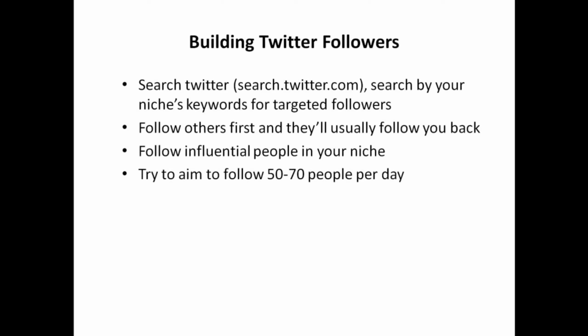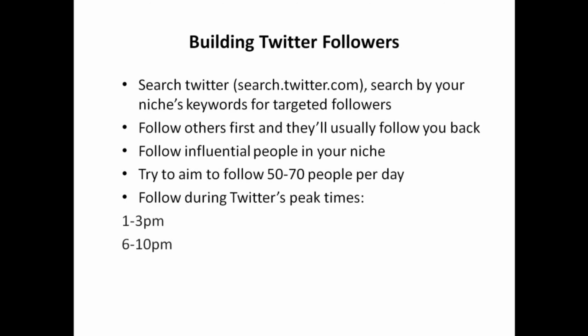Try to aim initially to follow between 50 to 70 people per day. And follow during Twitter's peak times, which will ensure that people follow you back faster. This is between 1 to 3 p.m. and between 6 to 10 p.m. It makes sure there is a higher acceptance rate.